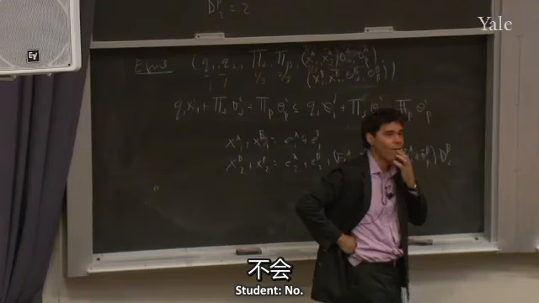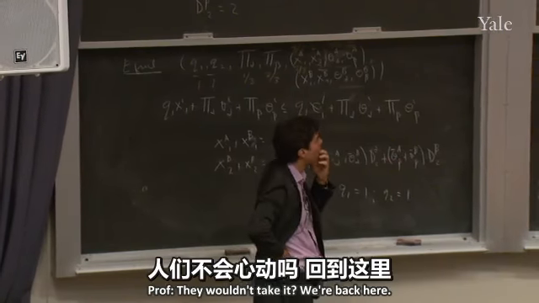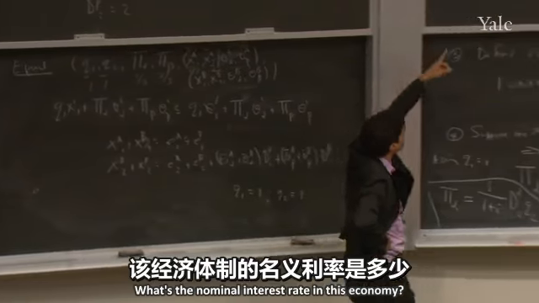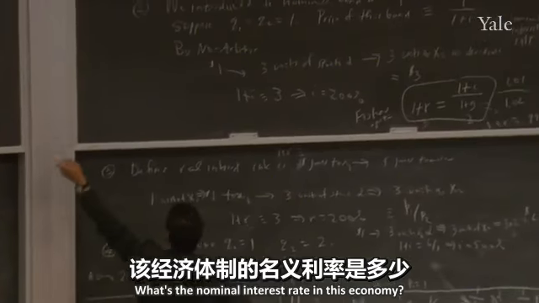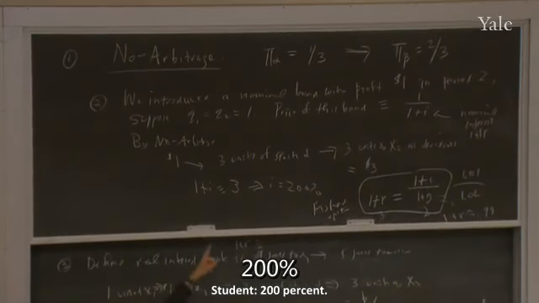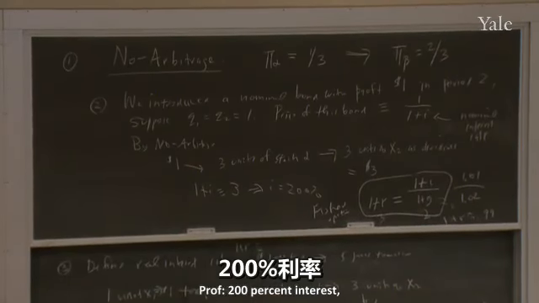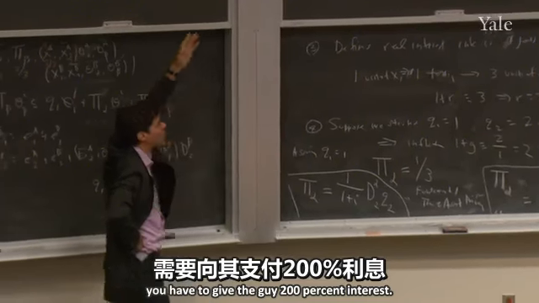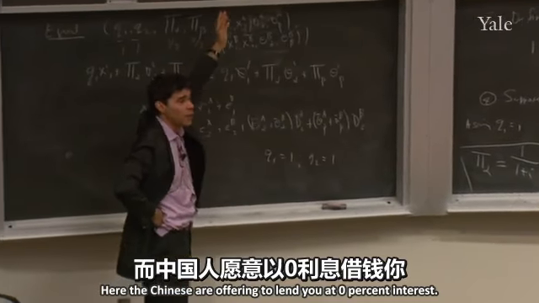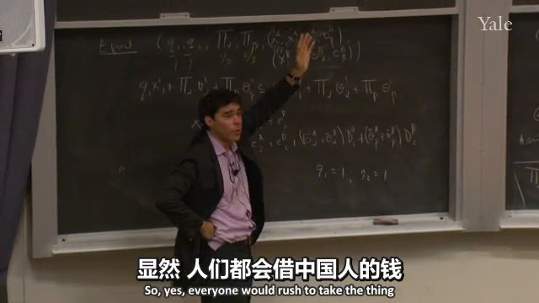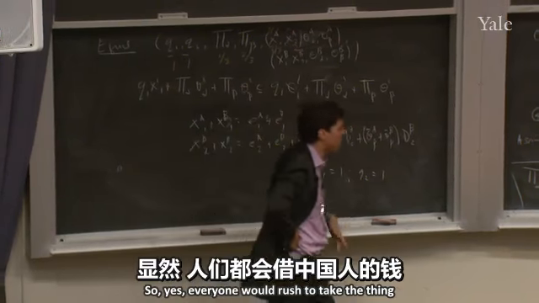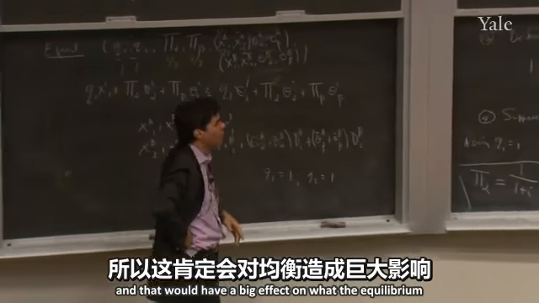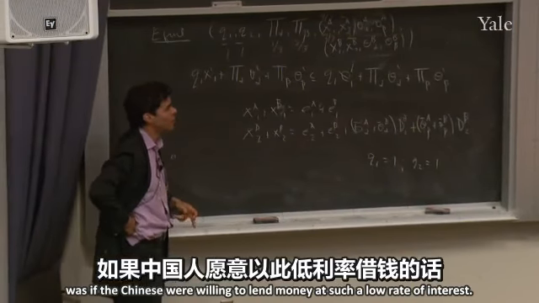We're back here. What's the nominal interest rate in this economy? 200% interest. So if you want to borrow from another American, you have to give the guy 200% interest. Here the Chinese are offering to lend you at 0% interest. So yes, everyone would rush to take it, and that would have a big effect on the equilibrium if the Chinese were willing to lend money at such a low rate of interest.